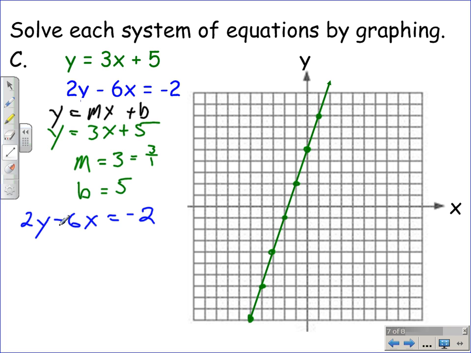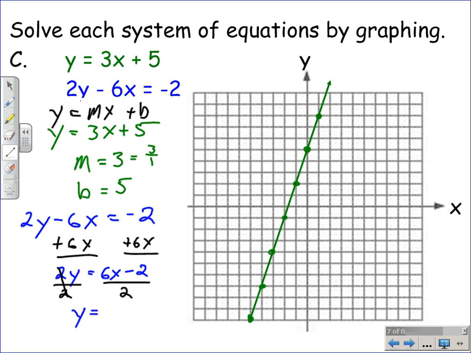So to solve this equation for y, we'd add 6x to both sides, which gives us 2y is equal to 6x minus 2, and then we divide both sides of that equation by 2. On the left-hand side, the 2's divide out, leaving us with the y. And on the right-hand side, when I simplify this fraction, 6x divided by 2 gives 3x, and minus 2 divided by 2 gives a minus 1.